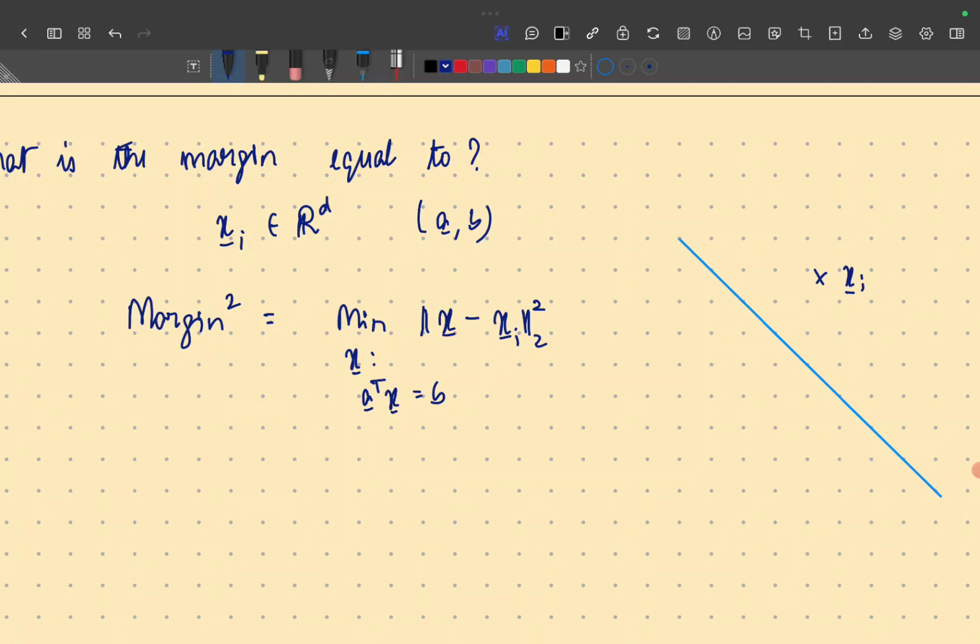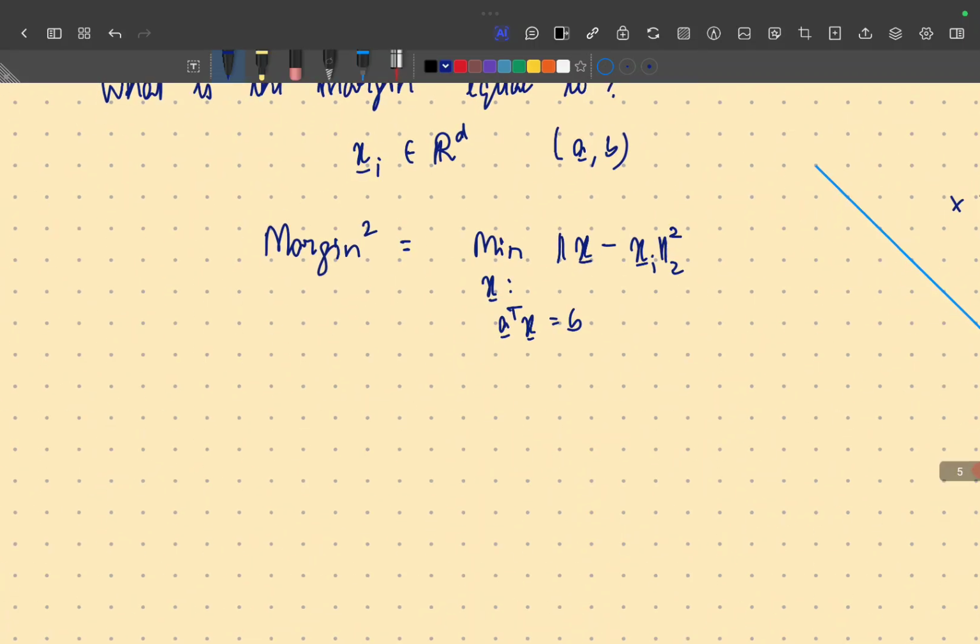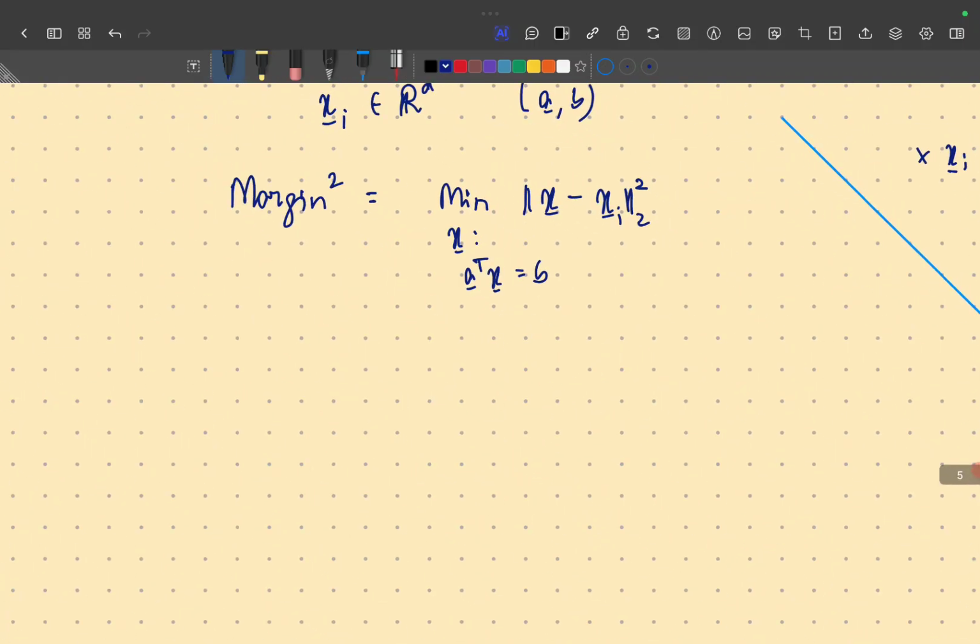But this is now a constrained optimization problem, and we have some tools that we can use to solve constrained optimization problems. So let's try to solve it using Lagrange multipliers. Let's define the Lagrangian. I have only one equality constraint, so I just need one Lagrange multiplier.